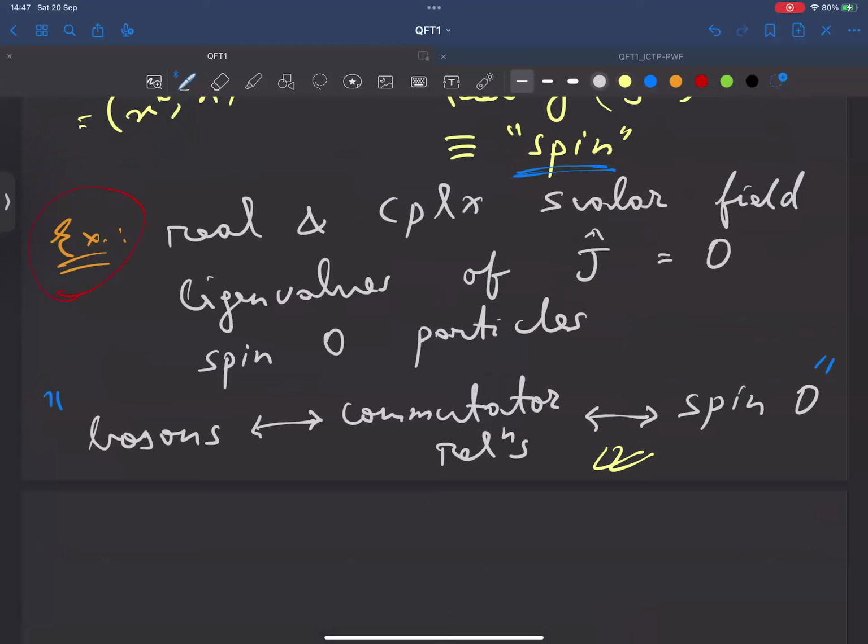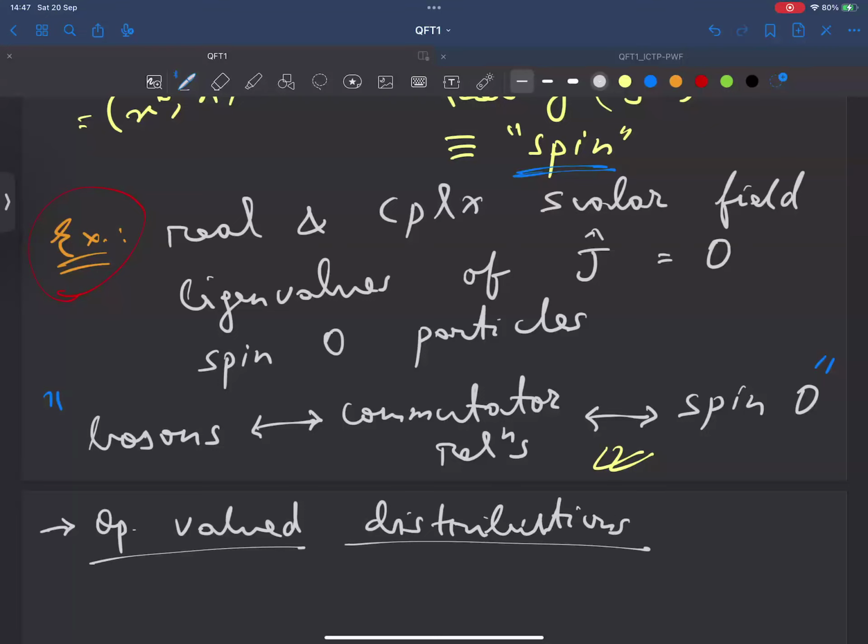Okay. Now the one final thing before we move to propagators is something called operator-valued distributions. So what do I mean by that?